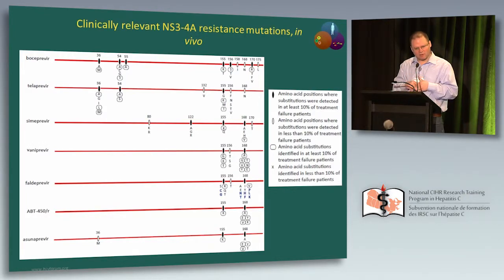In the case of 155 and 168, as demonstrated by crystal structures published by Celia Schiffer's lab, these mutations stick out of the substrate envelope. So that's why the fitness penalty is often really minor, and those mutations can linger around.